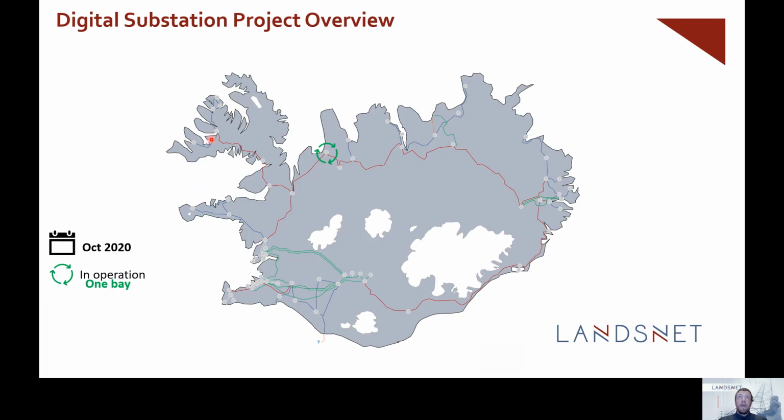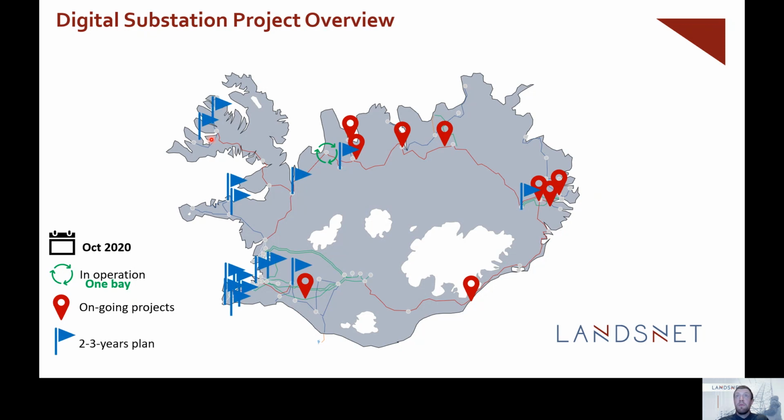Finally, Landsnet has decided that all its new substations should be fully digital IEC 61850 substations, and currently we have one bay being commissioned in such a way. But with that bold decision to go with all new substations being 61850, we have a lot on our horizon. These are all ongoing digital substation projects, and if you look 2 or 3 years ahead, this is how it looks.